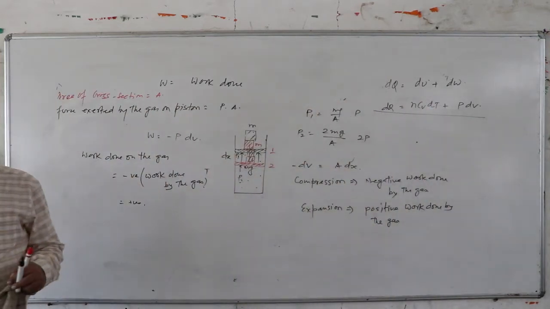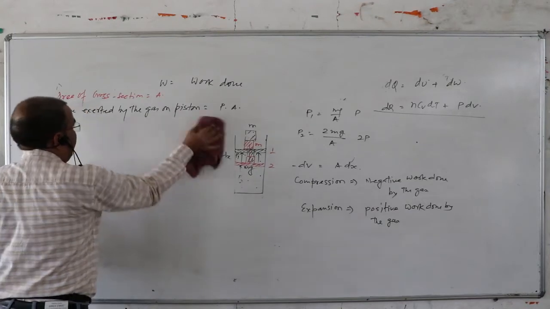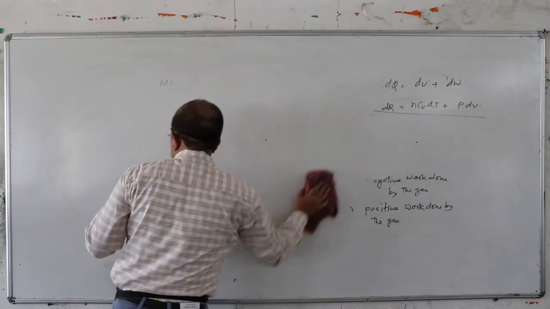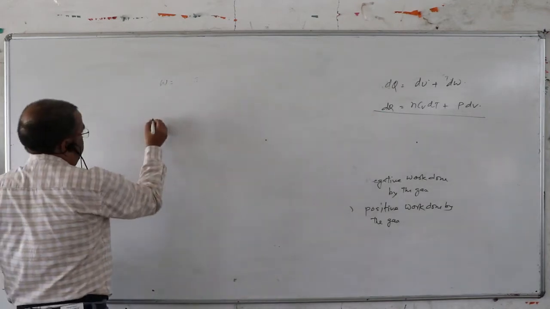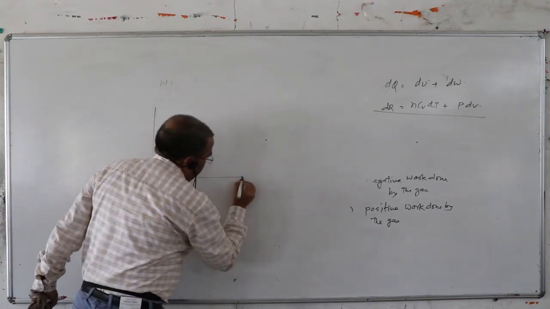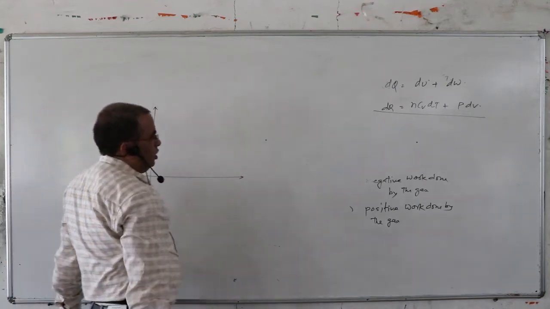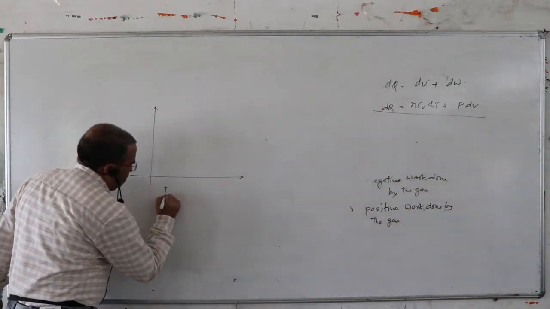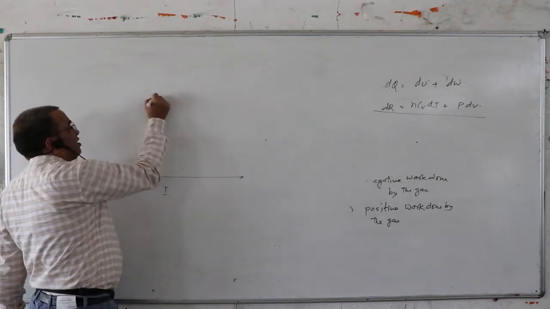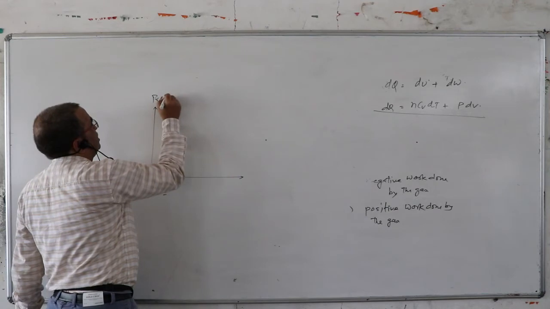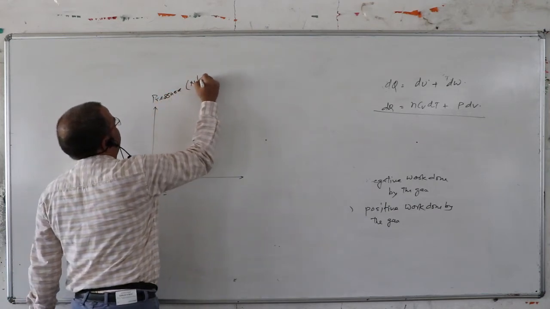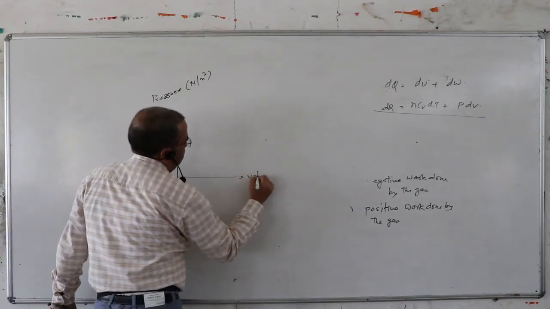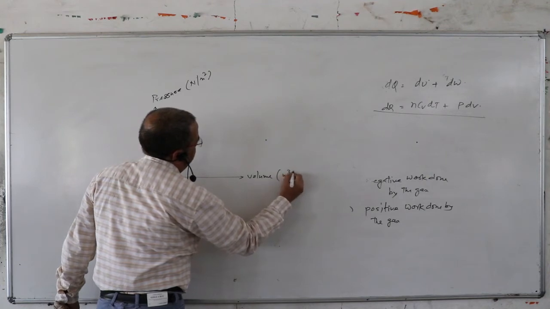Graphical representations are also made for studying the variation in the thermodynamic state of a gaseous system. This graphical representation has the y-axis representing the pressure P in Newton per meter square, and the horizontal x-axis used to represent volume in cubic meter.